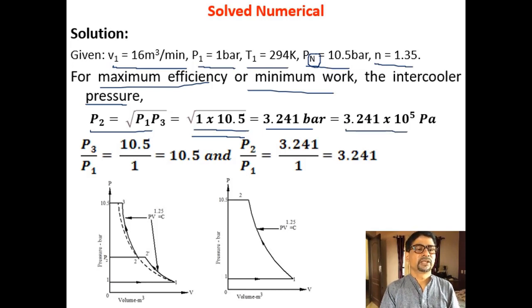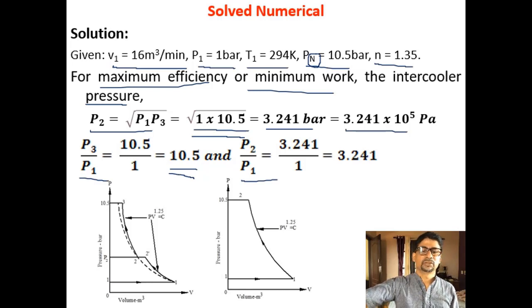So from this you can write P3 by P1, that is the final pressure to the initial pressure. This ratio you can use for the single stage, it's 10.5. Whereas for the two stage, each stage pressure ratio is the same. So you can take it as P2 by P1 is equal to 3.241 by 1, so it is 3.241 bar.